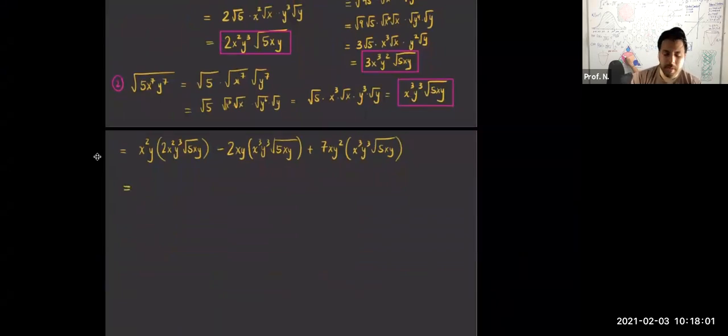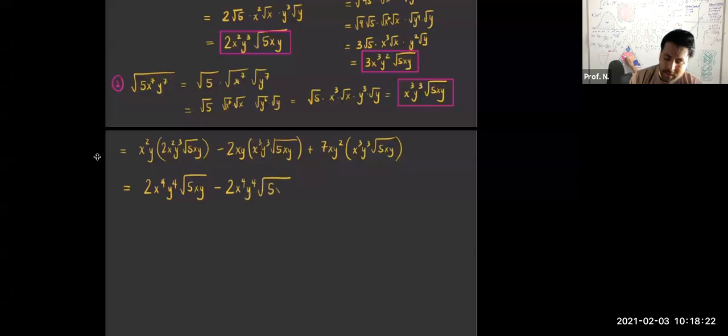And now I can multiply, and all I can multiply are the expressions on the outside of the radical. So this becomes 2x to the 4th, y to the 4th, square root of 5xy, minus 2x to the 4th, y to the 4th, square root of 5xy, plus 7x to the 5th, y to the 5th, square root of 5xy.